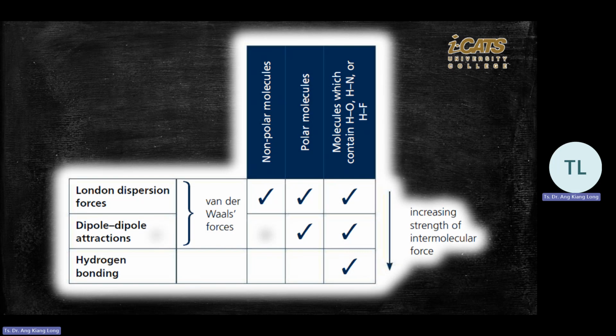Hydrogen bonding can exist in molecules which contain FON basically. And increasing strength of intermolecular force means the stronger the intermolecular force, the higher the boiling point you have.